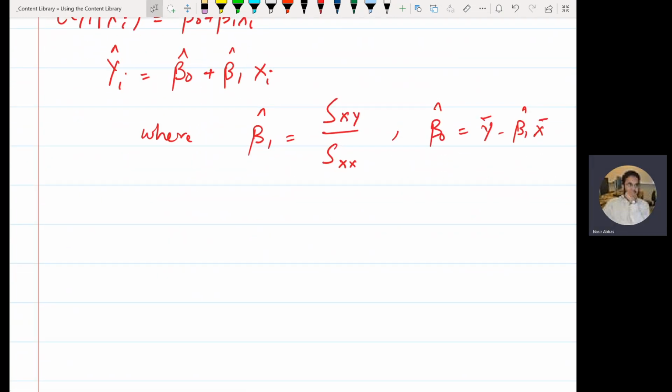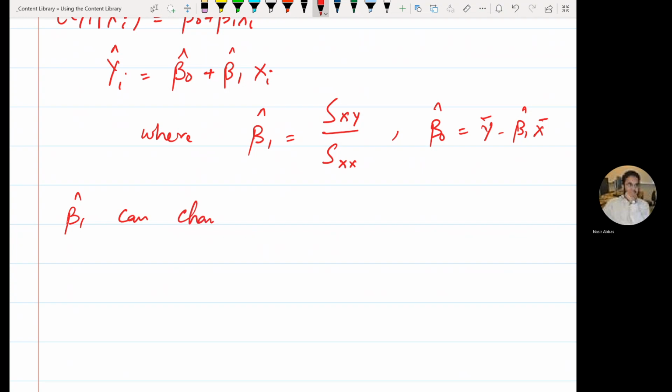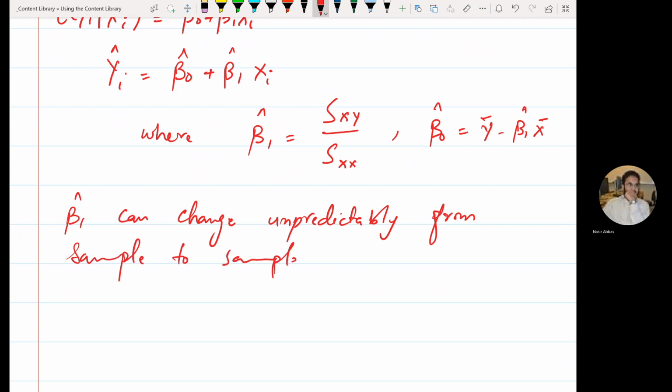Now, at the end of the last class, we proved that from sample to sample, beta 1 hat can change.